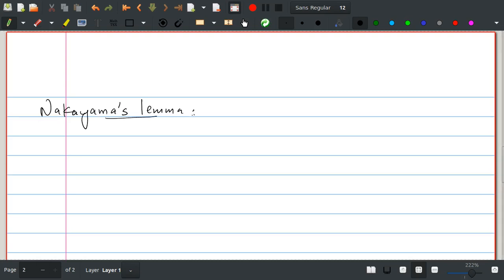Actually this lemma was proved by the corollary, and somehow this lemma is named after Nakayama. I don't know why, but for this very reason it is sometimes called the corollary Nakayama's lemma.